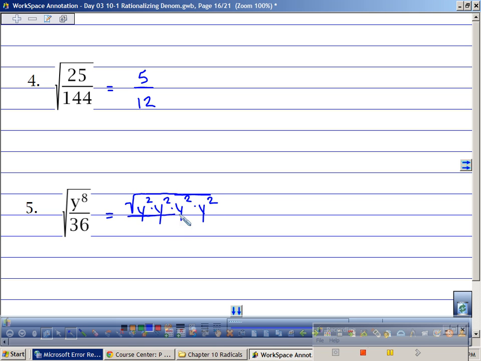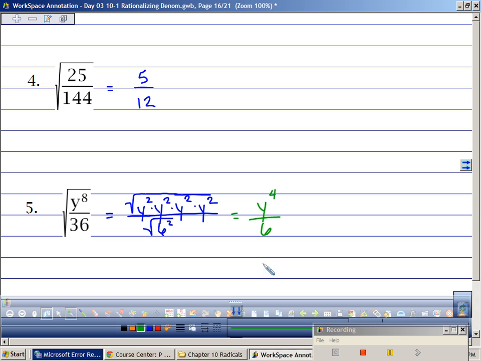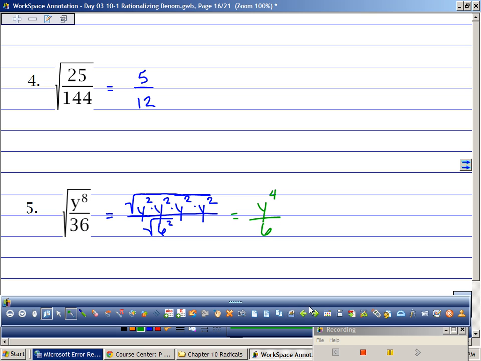And what goes in the denominator? 6 squared. What gets kicked out? How many y's? What else gets kicked out? That's it. So far, so good? Can I go?